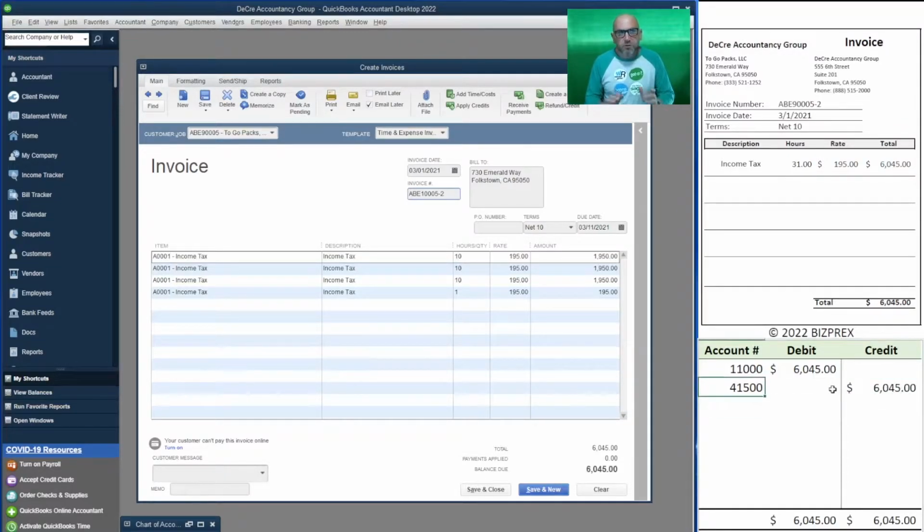Again, I use them interchangeably with 41,000. Why? 41,000 is where everything rolls up, including 41,500, as I have showed you. So these amounts, each one of them is a credit. In sum, they're this 6,045. They're credits to 41,500, and then this amount is a debit to account 11,000.